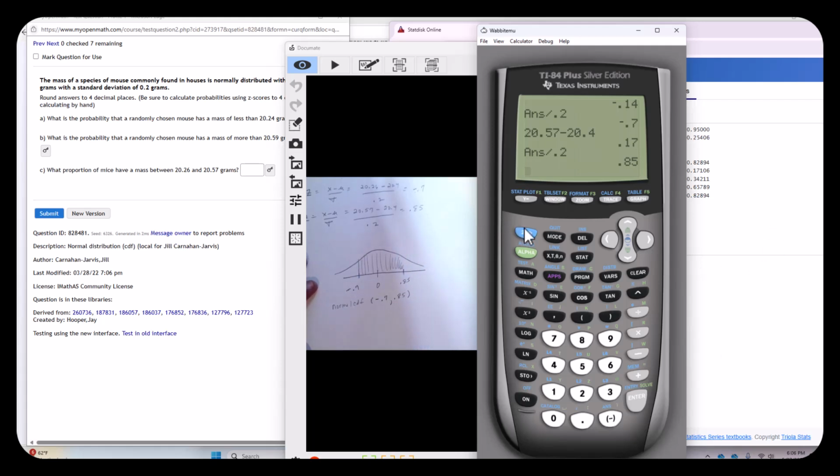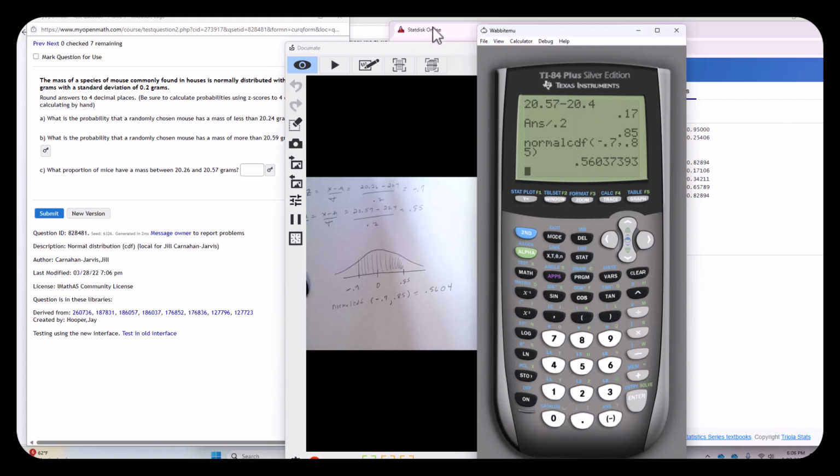Let's do second large: normalcdf, negative 0.7, 0.85. Did I put a comma in there? Yeah, I did. It's going to be equal to 0.5604, right, 4 places.